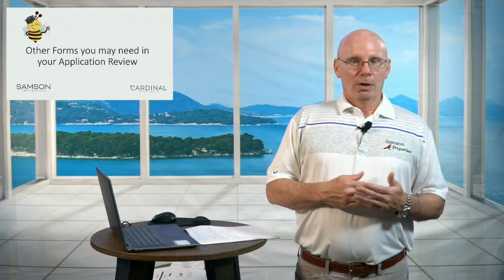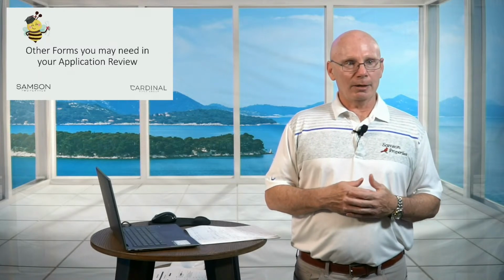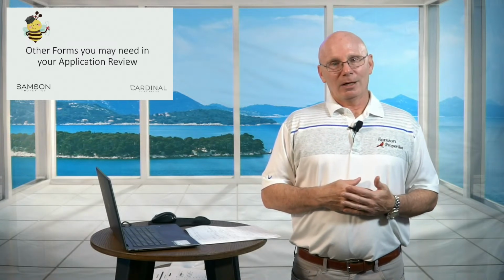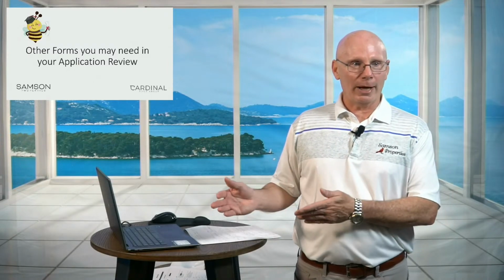So those are a little bit more challenging, and tenants sometimes are not willing to give you the tax forms that you need in order to verify. If they don't give you the info, then depending on what their credit score is, it'll all play out.